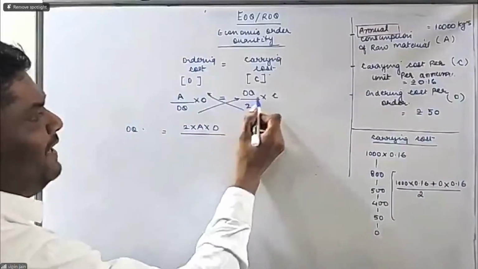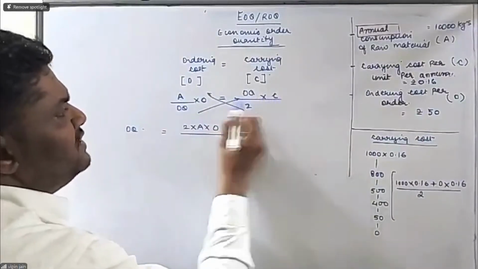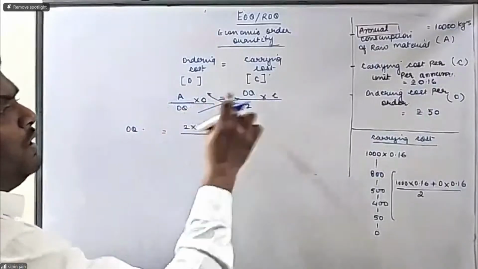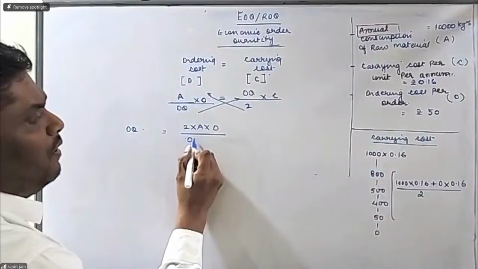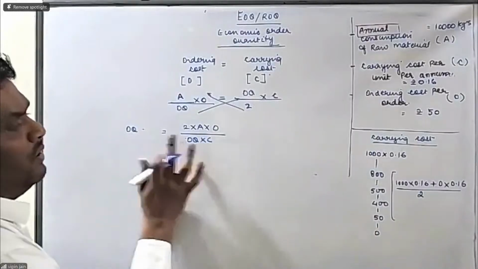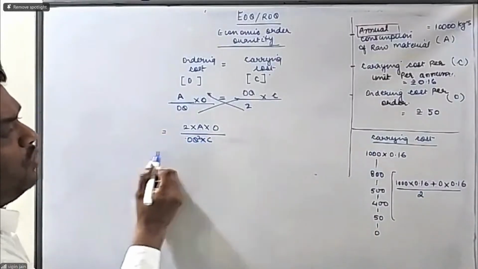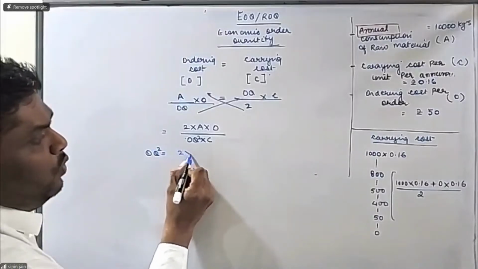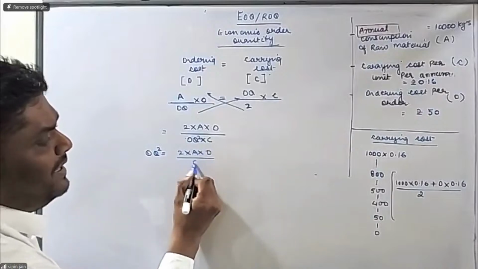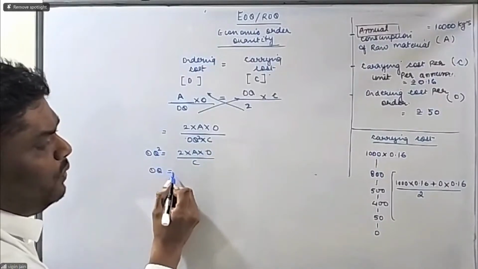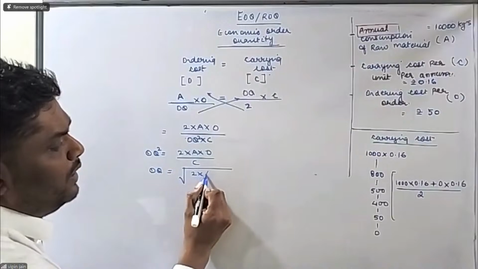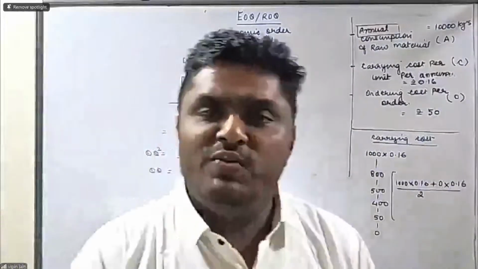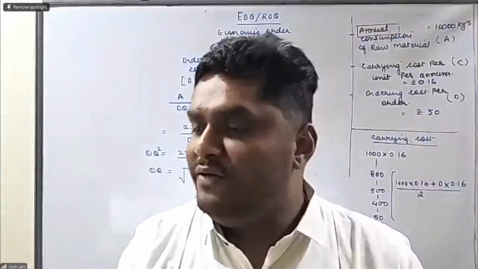Very simple, the cross multiplication: 2 into A into O goes up, thereafter order quantity into C. So order quantity square will be 2 into A into O divided by C. If we remove the square, order quantity will be under root 2 into A into O divided by C. So I have simply cross multiplied the ordering cost and carrying cost formulas.